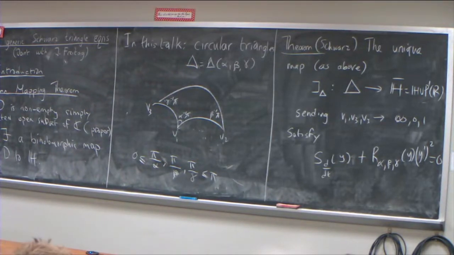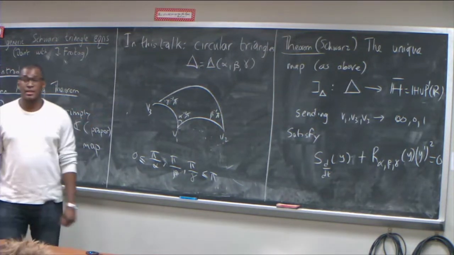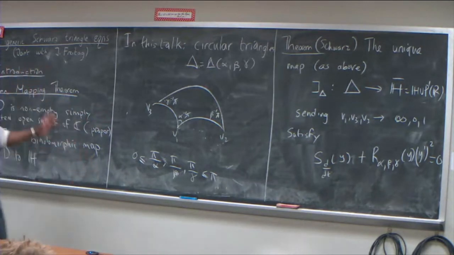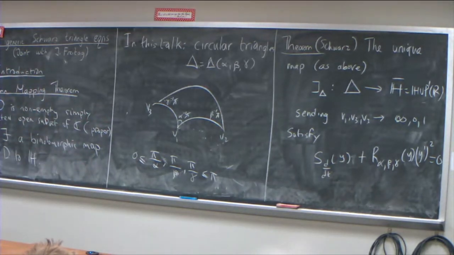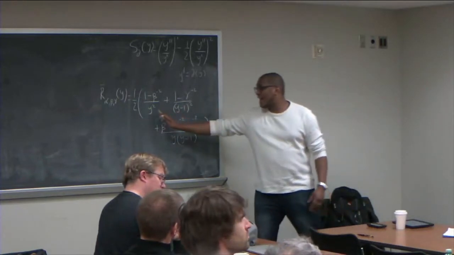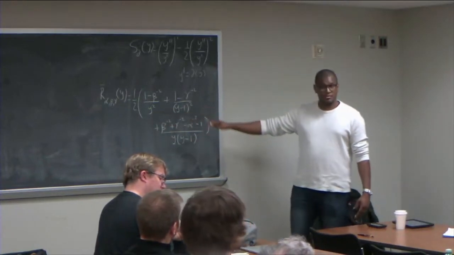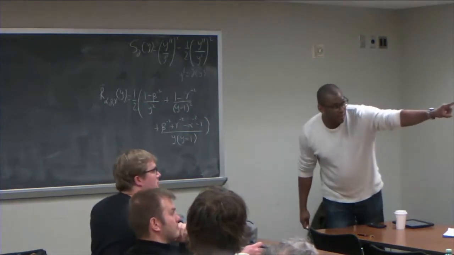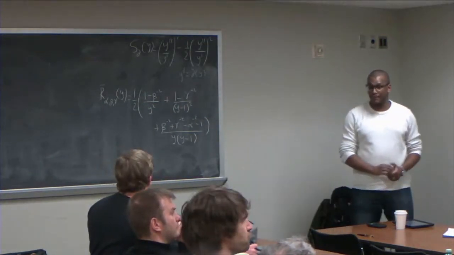These unique biholomorphic maps are called the Schwarz triangle functions, and that's what we call the Schwarz triangle differential equation. You must have seen the Schwarzian derivative quite a bit now. The rational function is simply given here, and it matches because the singularities of this equation are precisely the points where the vertices are mapped to.